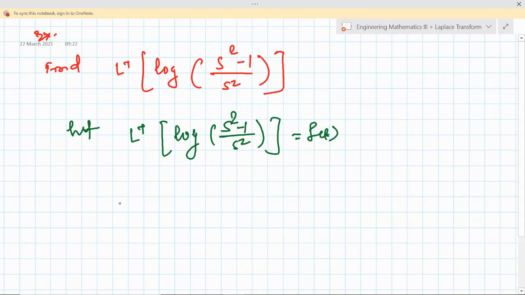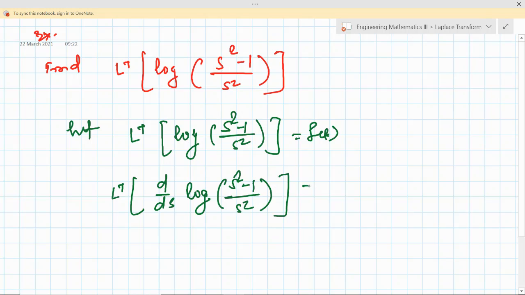So basically we just apply some properties or theorems to solve this. Okay, so just try to take the derivative. So by inverse Laplace of derivative, what I get, inverse Laplace of d by ds of log of s square minus 1 divided by s square is simply minus t into f of t. We have seen this, inverse Laplace of derivative.